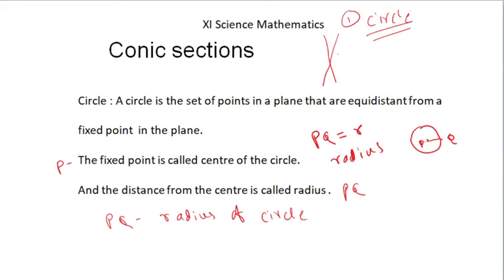This is the simple definition of a circle. Remember these two important things: the fixed point is the center, and the fixed distance is the radius.